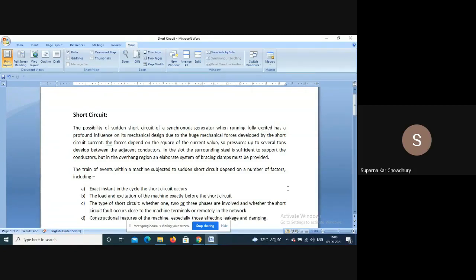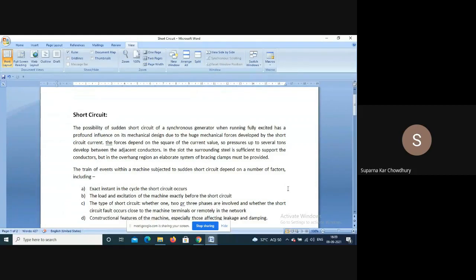These are sufficient for describing the machine under steady state condition. But under short circuit condition, some other factors come into play and these synchronous reactances are not sufficient.